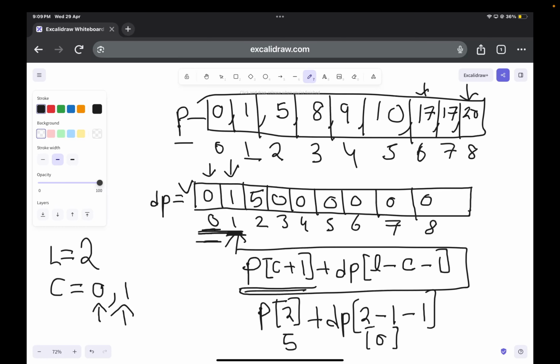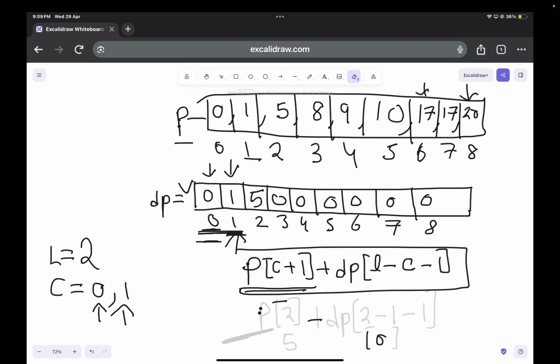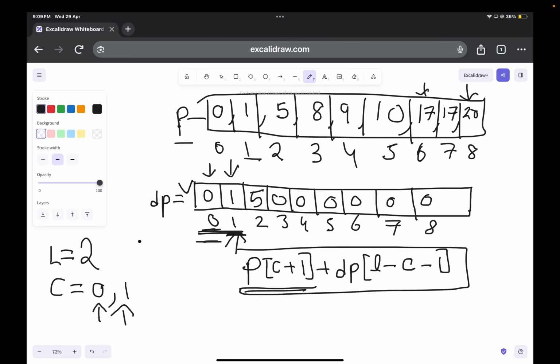So logically, tell me what you are understanding. Leave the formula, I'll explain it to you. Tell me what you are understanding. Let's say length 2 rod is there.